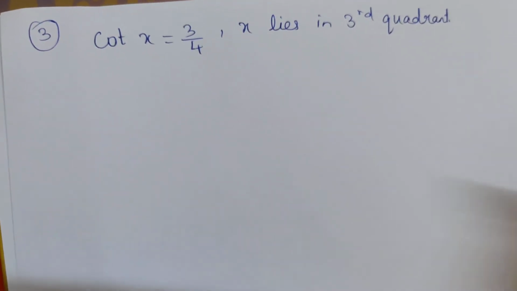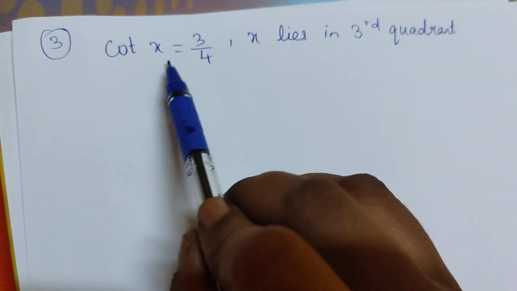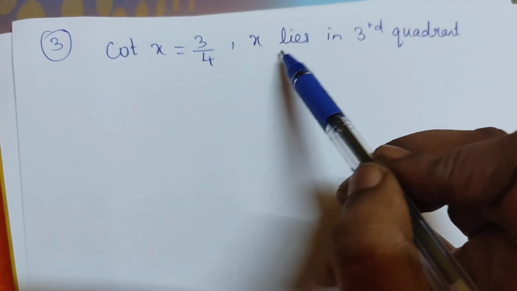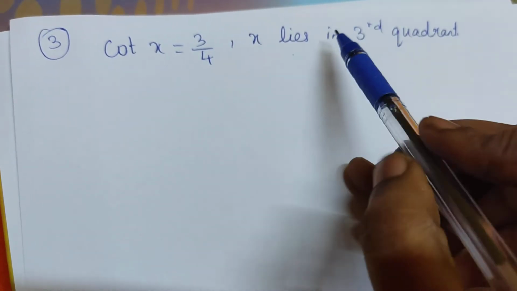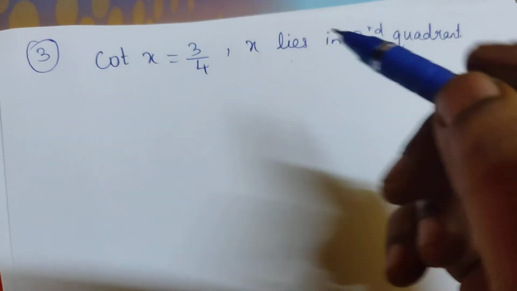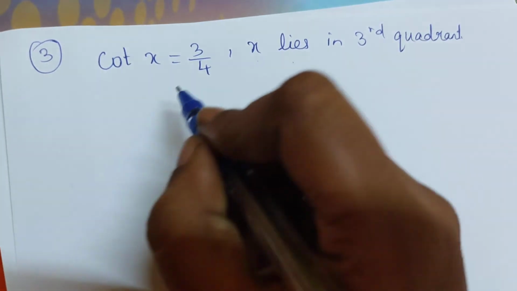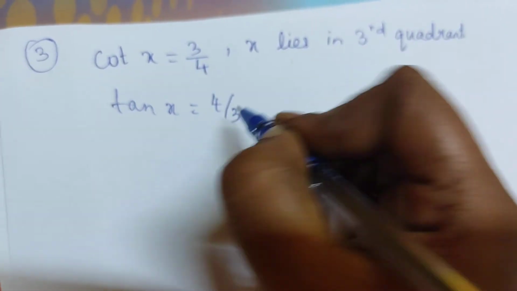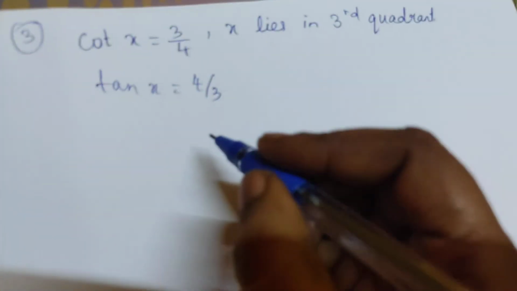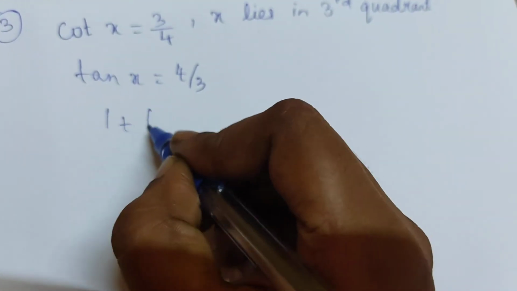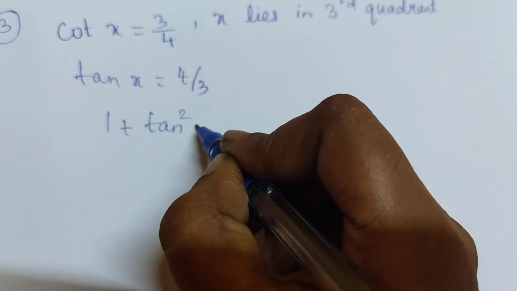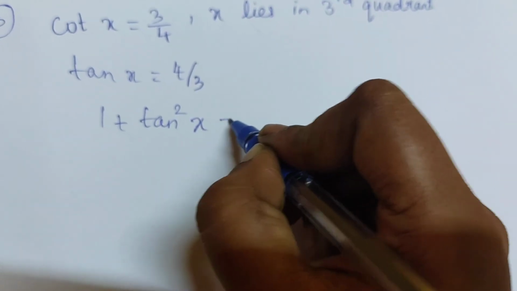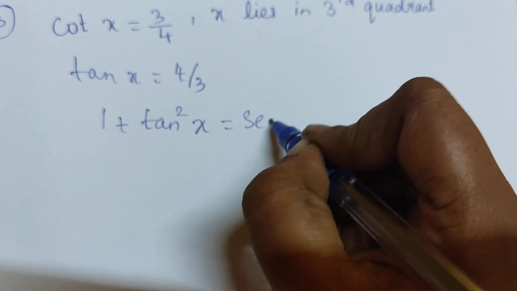Now in the third subdivision, they have given cot x as 3 by 4, and they stated x lies in the third quadrant. Now we can write tan x as 4 by 3, and 1 plus tan square x is equal to secant square x.